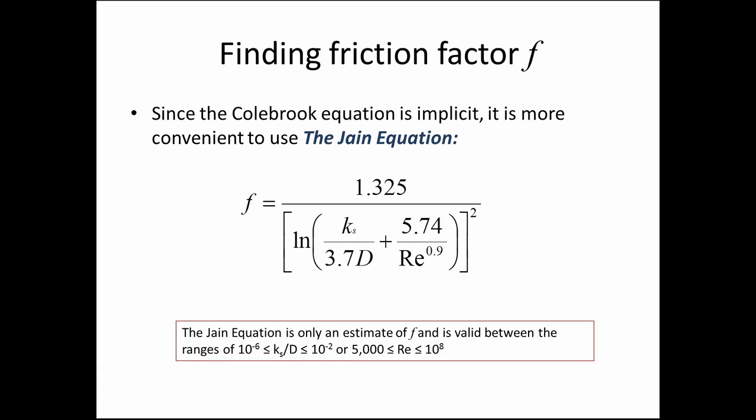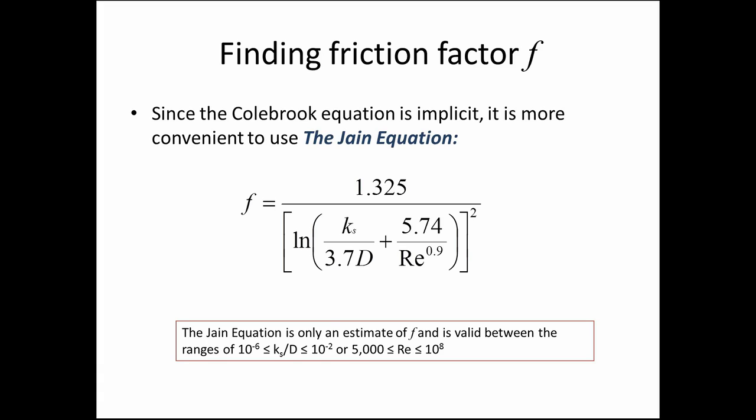Thank goodness there's the Jain equation. The Jain equation, which is on screen here, is a simplified method for finding the F value where it's explicit. The F value is only on the left-hand side of the equation. It's valid under a pretty wide variety of criteria, not quite like Colebrook, which is always valid.